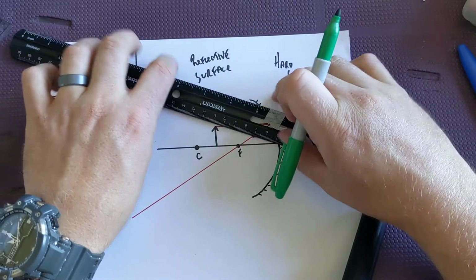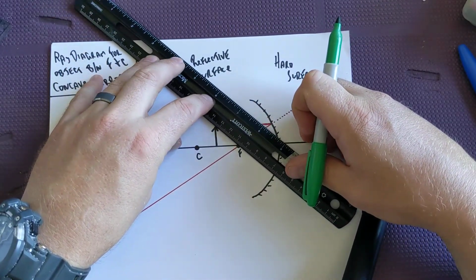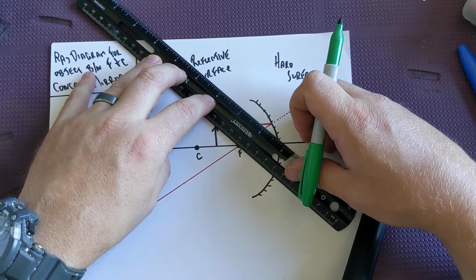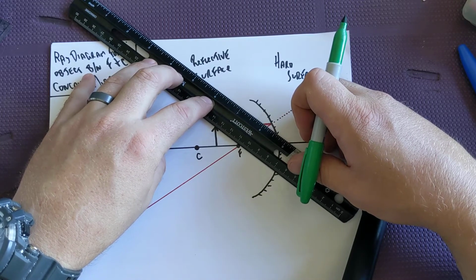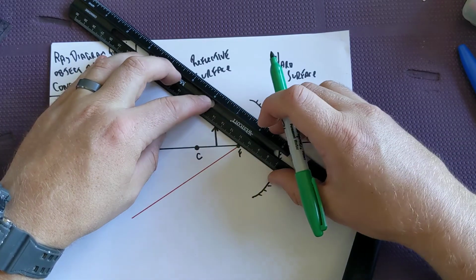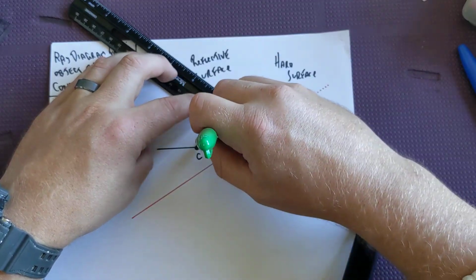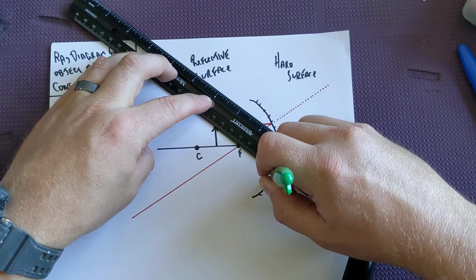from the top of the object through the focal point and then against the mirror. Okay. It's kind of tough because I'm using these markers, which are larger points.